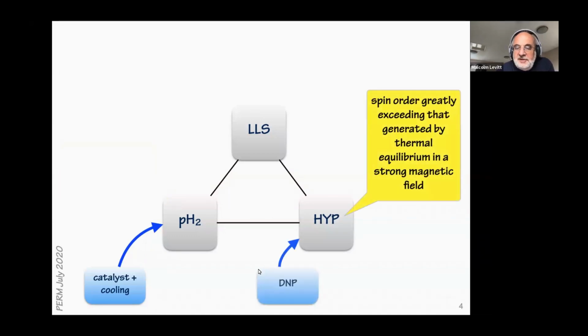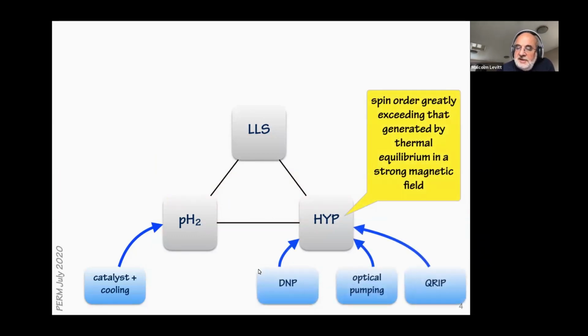Hyperpolarization, we've also heard much about already. It's a bit hard to define that in an uncontroversial way, but I think we all know roughly what it means, which is that you have much more spin order than you have in an ordinary NMR experiment, in which you start by equilibrating the sample thermally in a strong magnetic field.